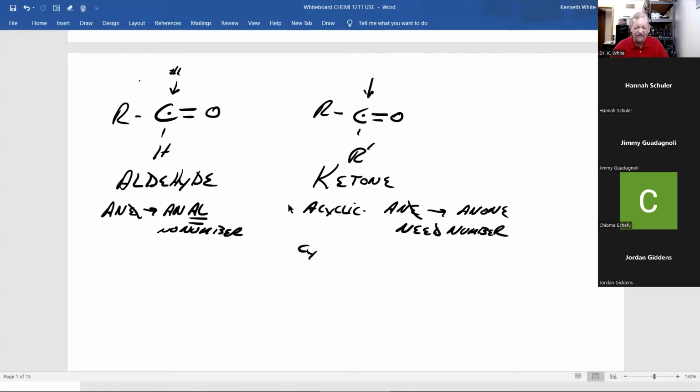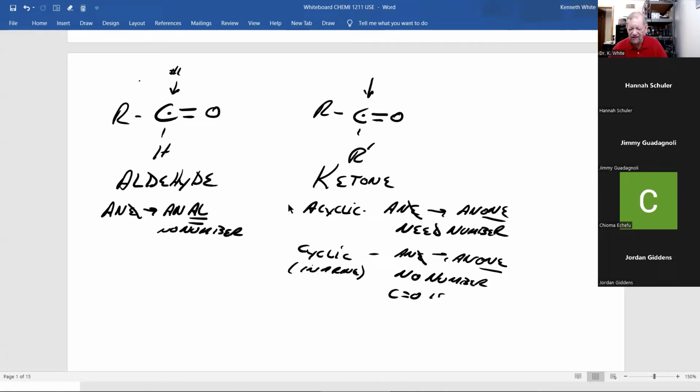Now, if the ketone is cyclic, in a ring, then name the cycloalkane, drop the E, add ONE, and no number, since the carbonyl carbon is always number one.